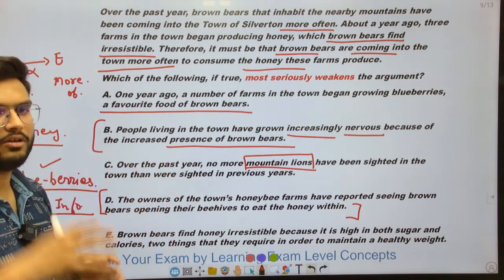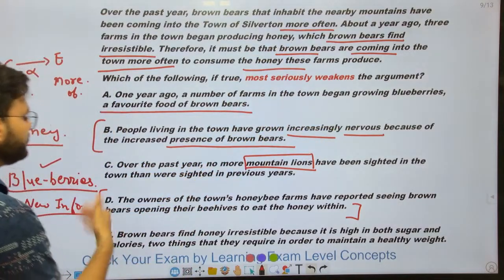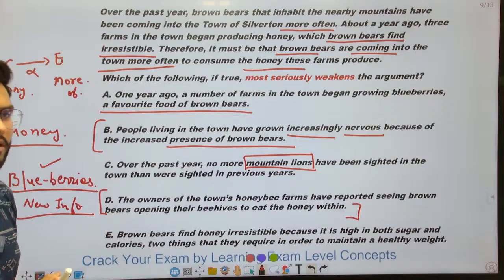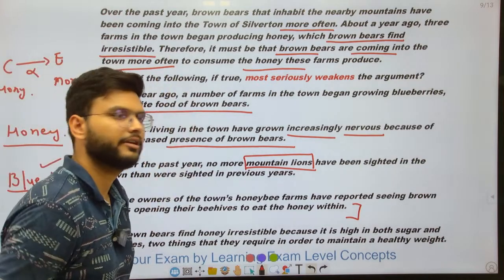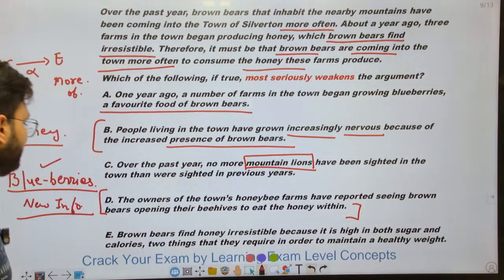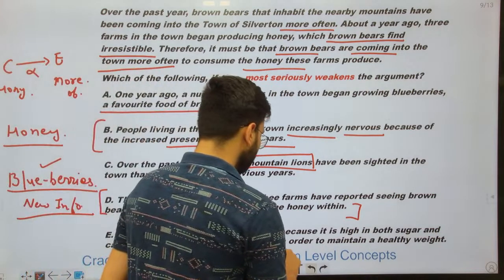There might be some other cause, or some other effect which is happening. You are supporting that they have seen. All right, they have seen. But how does this weaken this idea? Not at all, it does not weaken. Next, brown bears find honey irresistible. This is something we already know.